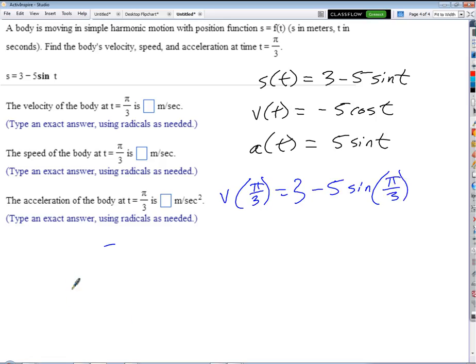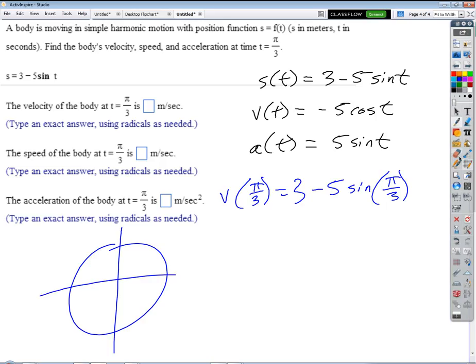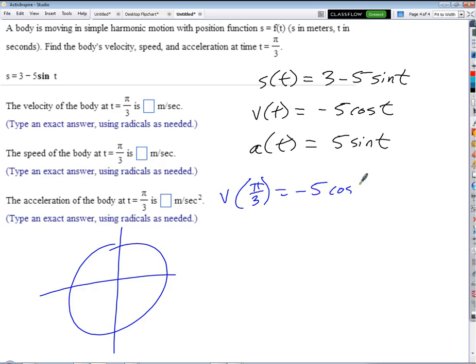Now, what's the sine? Isn't it minus 5 cosine? Oh, I'm sorry, I did the wrong function. You're right. Good, that was just a test. Minus 5 cosine pi thirds. So pi thirds is 60 degrees, right?